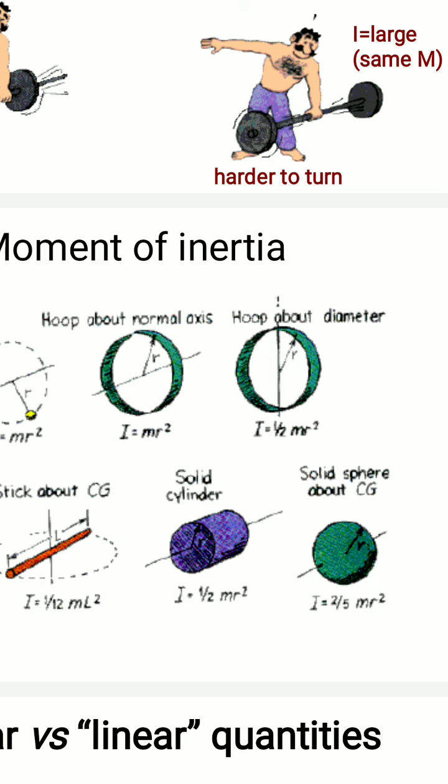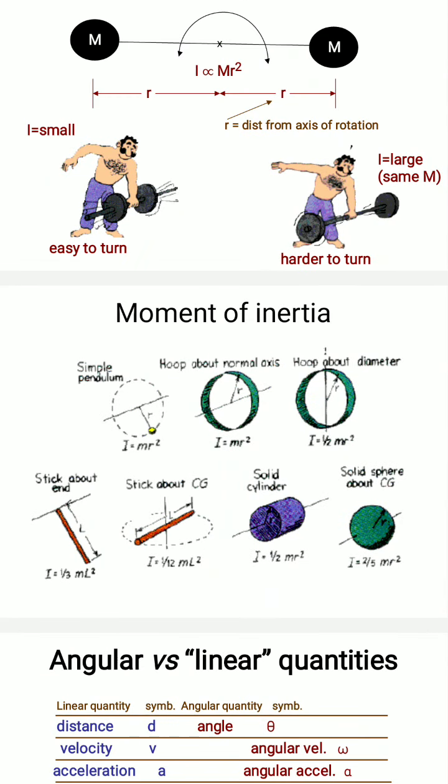So if these three bodies have the same radius and mass, the hoop has the largest moment of inertia, and the smallest moment of inertia is for the sphere. So let us see which one will reach first.